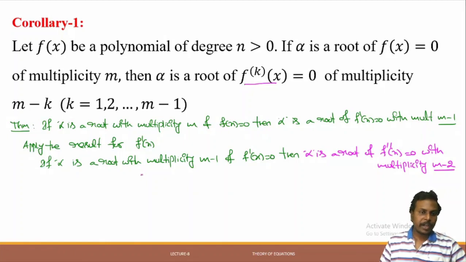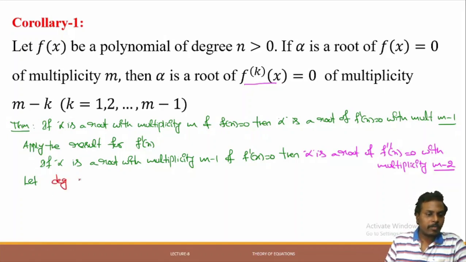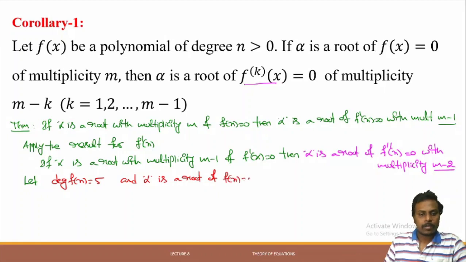So what is the advantage of this corollary? Let me explain with the help of an example. Let the degree of f of x be 5 and alpha is a root of f of x equal to 0 with multiplicity 3, let us say.